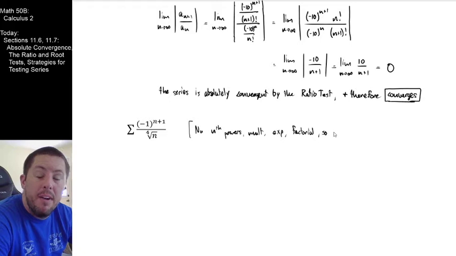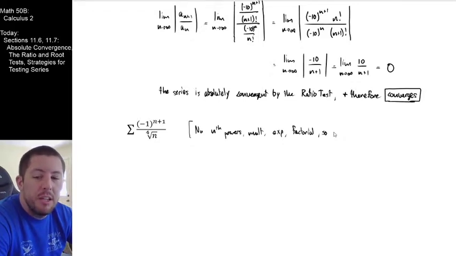And actually, I'm thinking in my head right now, if you hit this thing with the root test or the ratio test, I'm pretty sure you get inconclusive for both. I'm trying to do the mental math right now, and I think we get a limit as n goes to infinity of n plus 1 over n, and that's going to be 1.